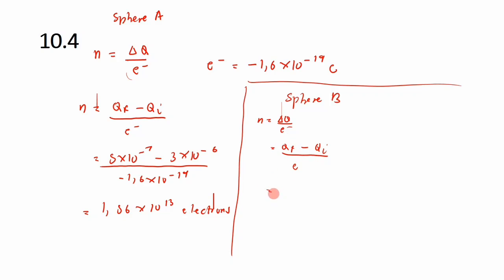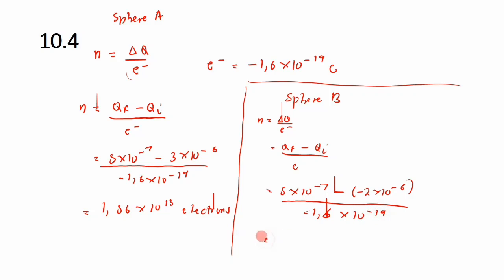This is the new charge after separation, which is still the same magnitude, 5 times 10 to the exponent of negative 7. Then minus, for this one, minus negative 2 times 10 to the exponent of negative 6, and then all over negative 1.6 times 10 to the exponent of negative 19.